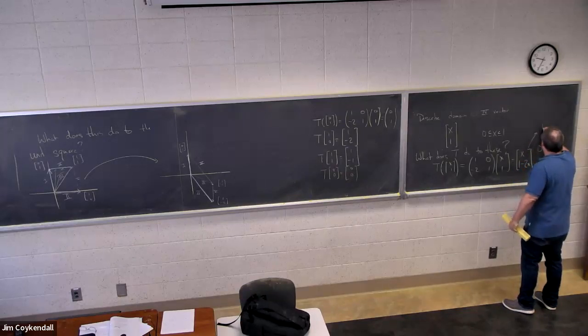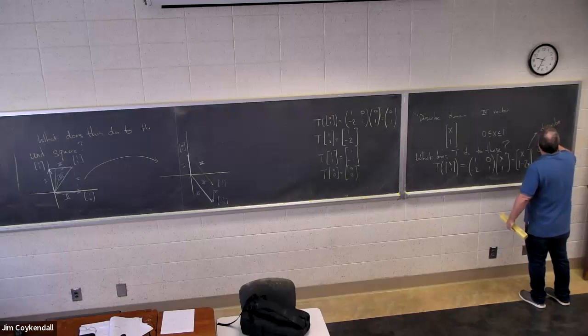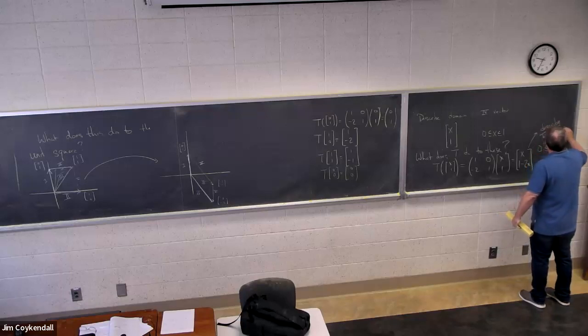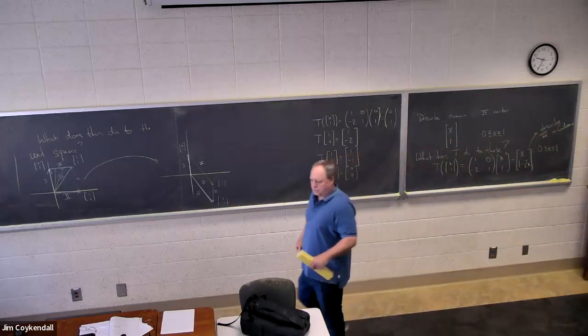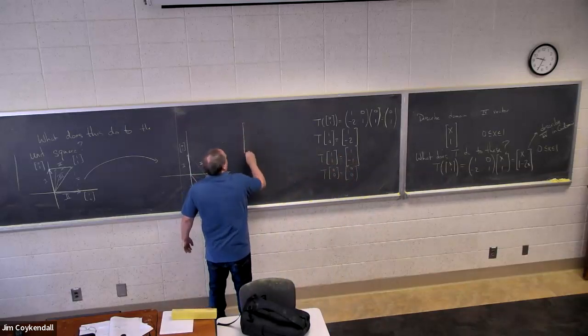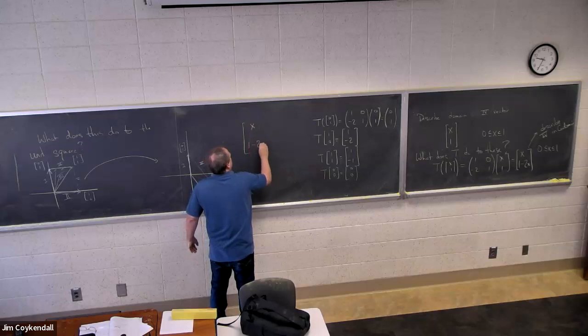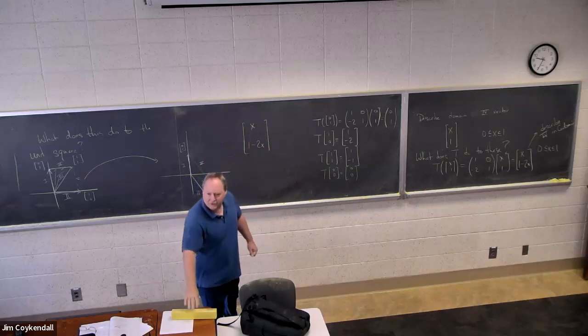But can somebody tell me how we can get what this should describe? This should describe the 4 in codomain. How can I do that? So what if I got x, 1 minus 2x? What does this describe? What points in the plane does this describe?